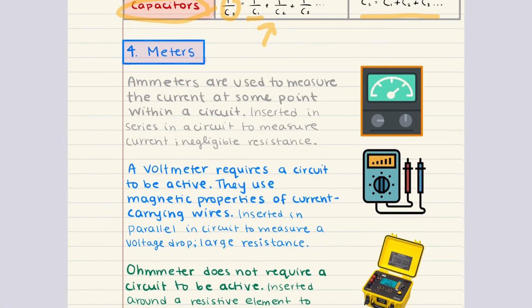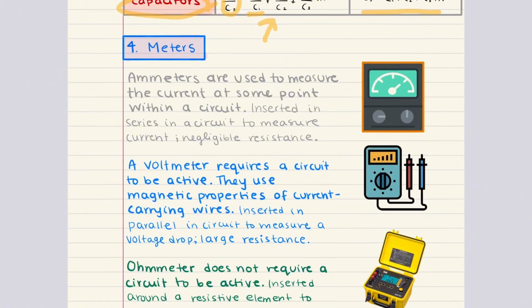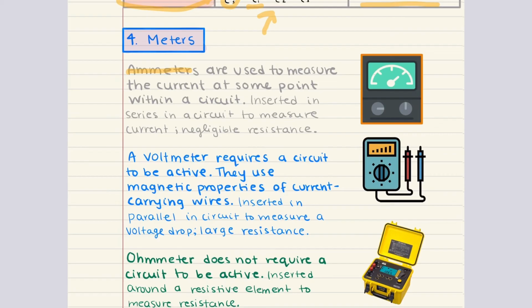Although we won't dive into analyzing circuits using these devices in this lesson, understanding how meters work is crucial for real-world applications. Ammeters, voltmeters, and ohmmeters are the primary tools used to measure current, voltage, and resistance, respectively. Let's start with talking about ammeters.